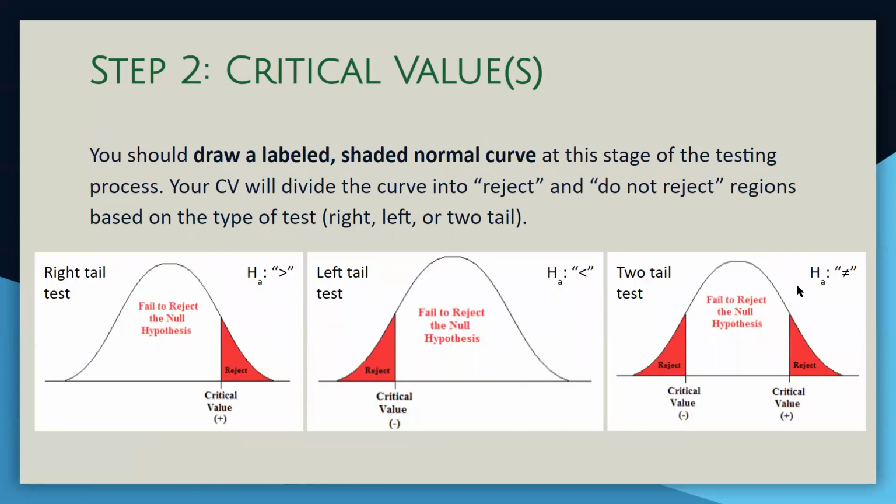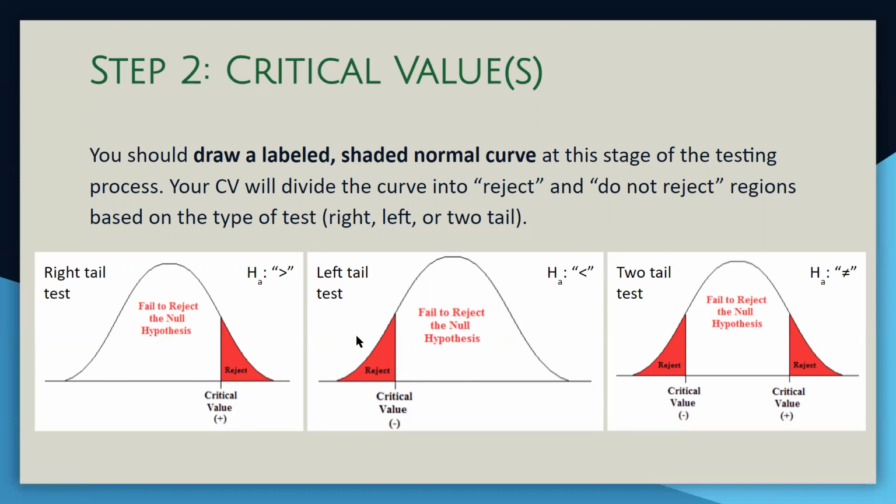So here's a picture, and you should be drawing these when you do the traditional method. So you've got a right tail test. The alternative had a greater than symbol. So our alpha is that red region in the picture, and the critical value is the z-score or t-score that forms that boundary. For a left tail, that's a less than alternative hypothesis.